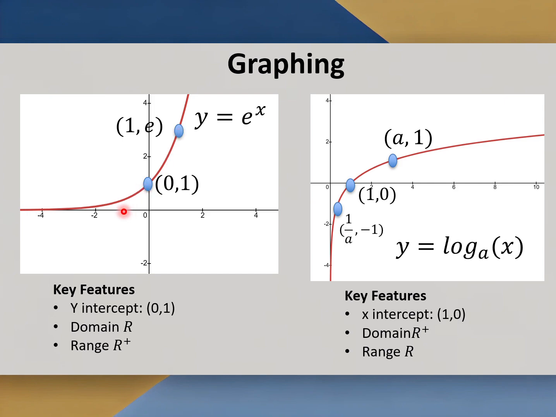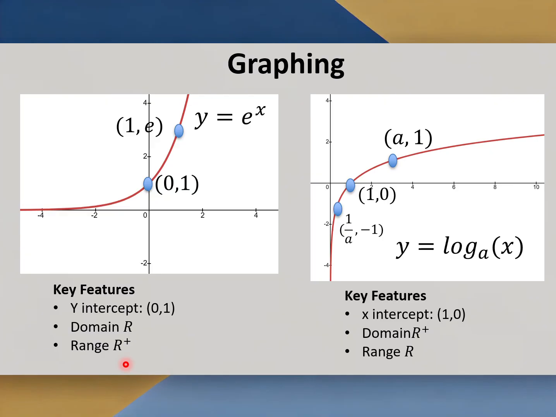Likewise, I also know when x is -1, our y value will be 1 over e. So those are the 3 points we need to know.